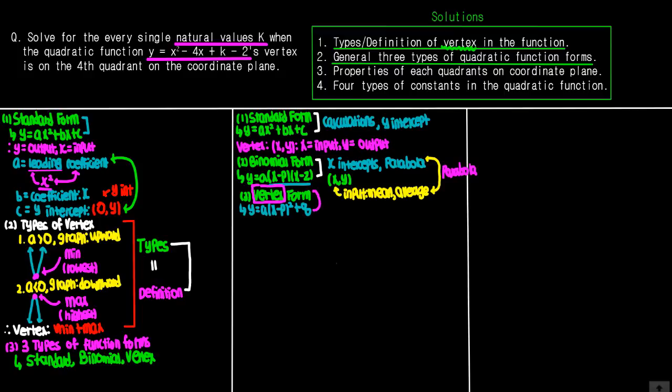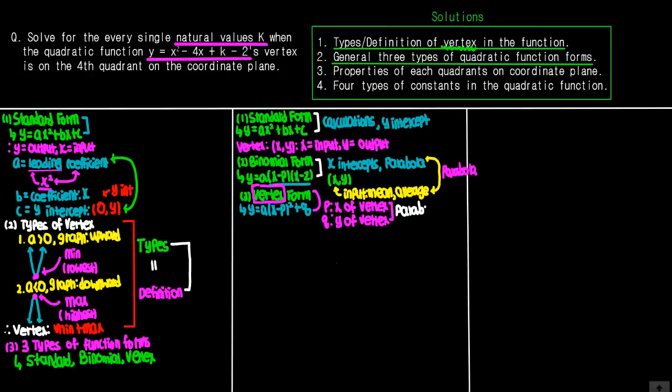The reason is because the p value is the x-coordinate of the vertex, and the q value, which is our constant in this case, is the y-coordinate of our vertex. Using these two pieces of information, we can solve for our vertex easily, which gives us the full graph of our parabola.